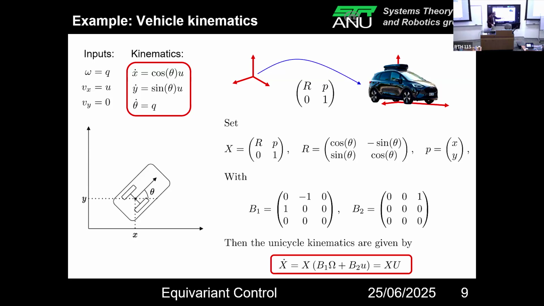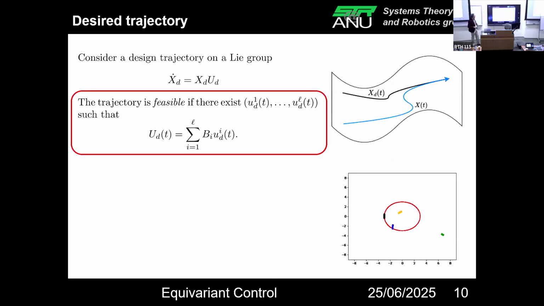So this is the compact part of the Lie algebra, the SO3. It looks like the skew symmetric, but just for one angle, right? And we've got actuation in the x direction in the Lie algebra and no actuation in the y direction in the Lie algebra, okay? So it's exactly one of those systems, x dot equals xu, okay?